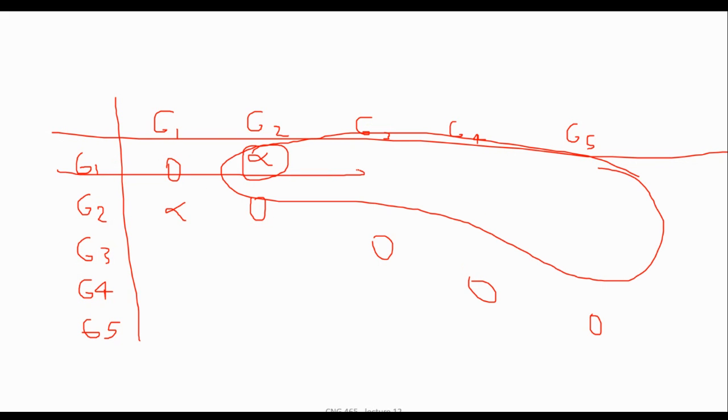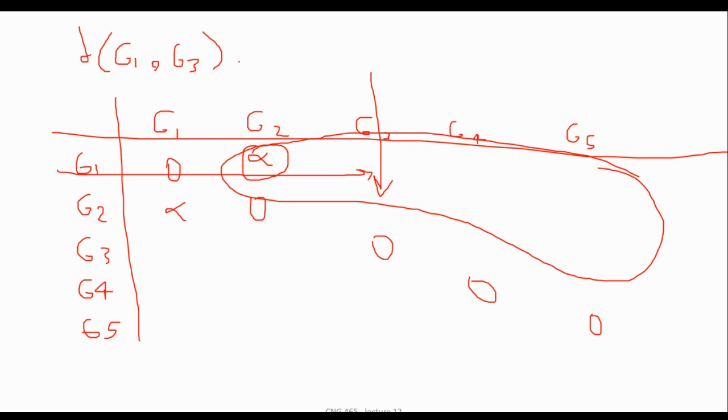Now, assume that I want to calculate G1 and G3. So what's the distance between G1 and G3? Then it depends on whether we gave you a condition or not. Did we tell you that we need to use Manhattan distance or not? If we don't give you any restrictions, you can use any distance methods that you like.